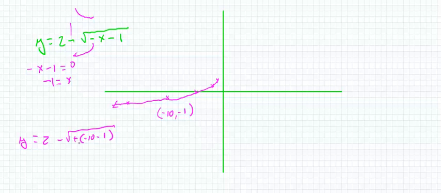I'm sorry, I did that wrong. The parenthesis doesn't go there, it goes there. This changes this to a plus. It's the opposite of x, only the opposite of x. So then I have 2 minus the square root of 9. 2 minus 3 is in fact negative 1. If you pick a point on your graph and it works, hey, you did it right.